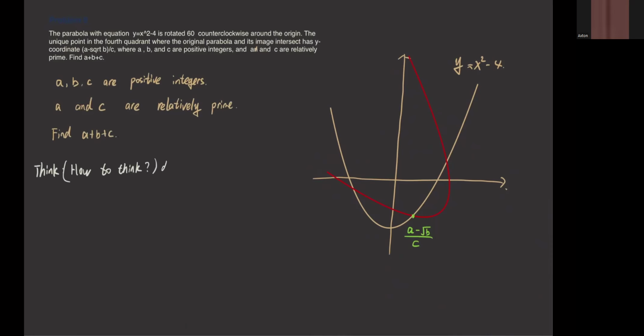Remember, here is a draft. Let's see what happens for each point, because the parabola consists of points. So I want to see some special points. The first special one is here, right? Where does this point go? It goes to here, because there are 60 degrees.